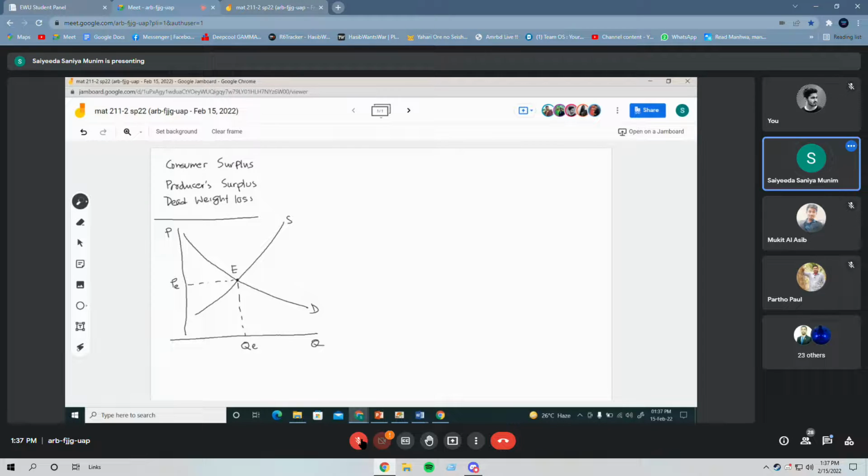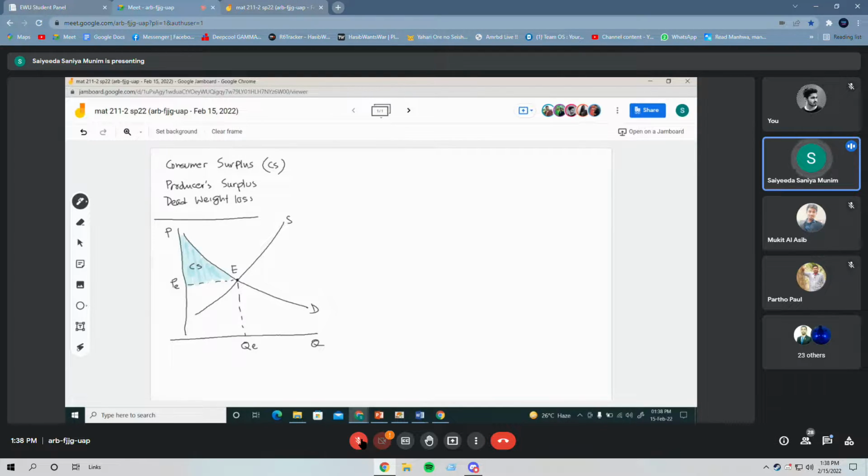Now, we measure consumer surplus by the area between the demand curve and the market price. This area we are defining as consumer surplus.